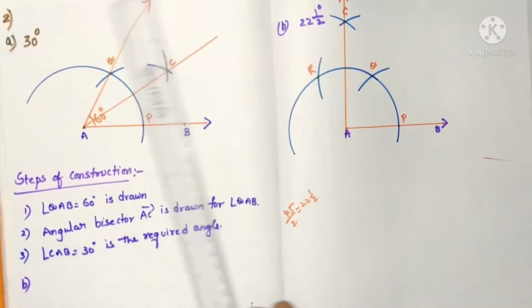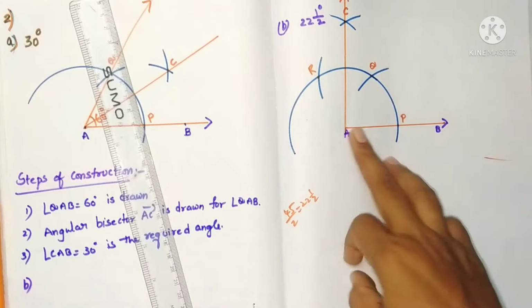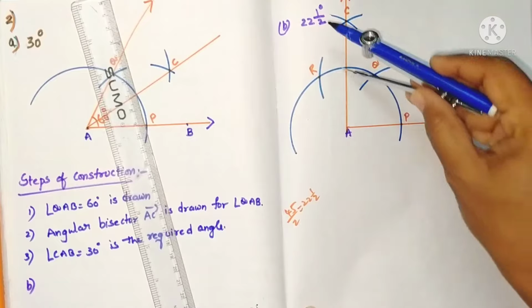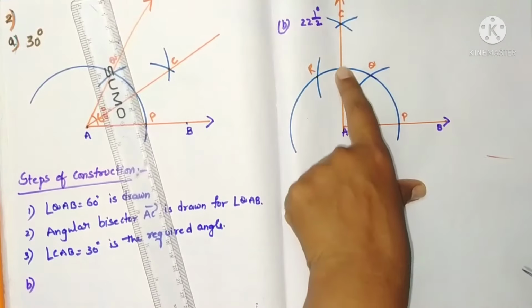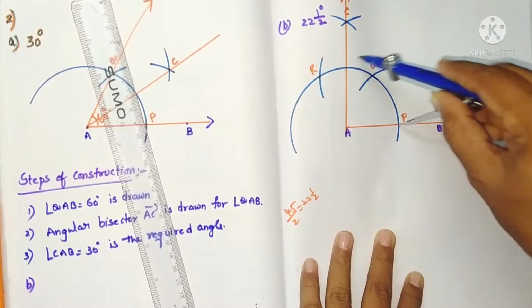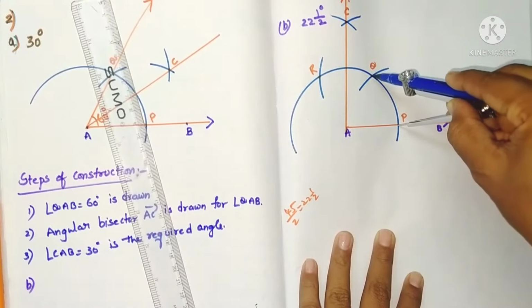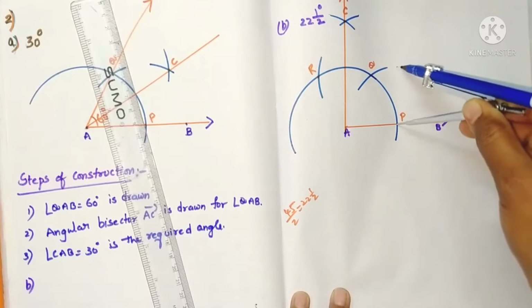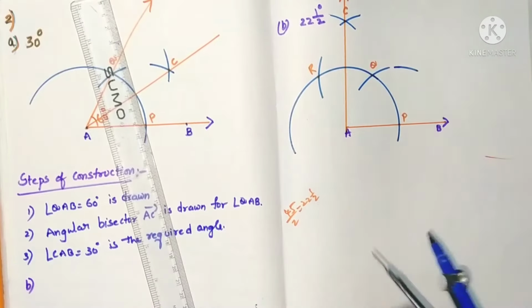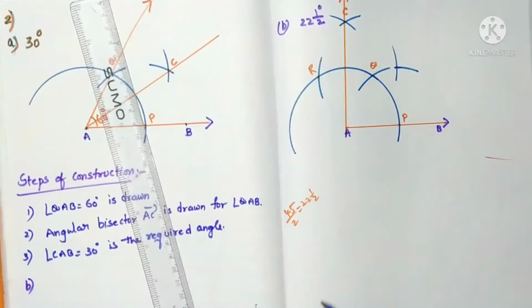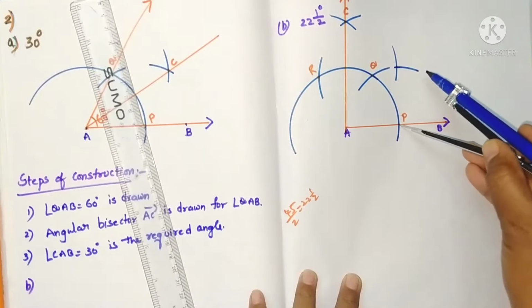Okay. Now we have to bisect this 90 to get 45. Now in this arc, from here to here only 90. So with some radius, equal to this radius or more than half, you can take any radius. So with some radius, draw an arc from P. Again from this intersecting point also draw another arc.